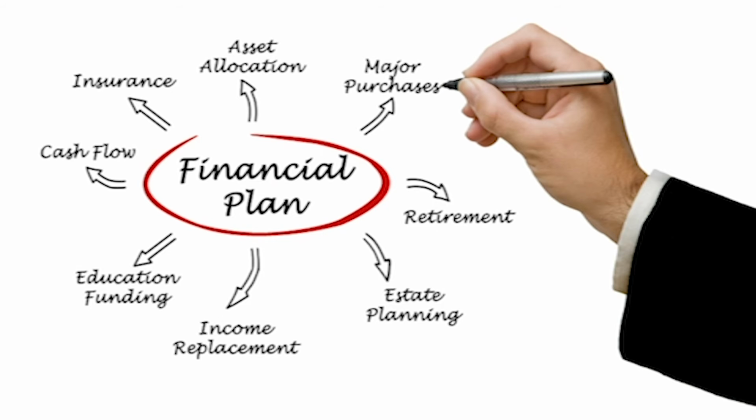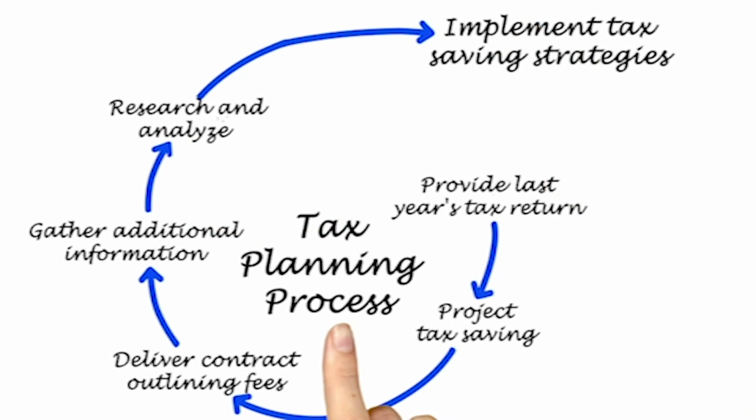That involves a lot of opportunities to talk about how the investment side can collaborate with the tax planning side. But segmenting those into different categories can help to focus you on what you're going to offer.